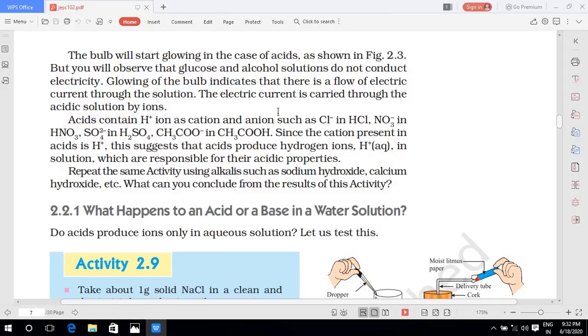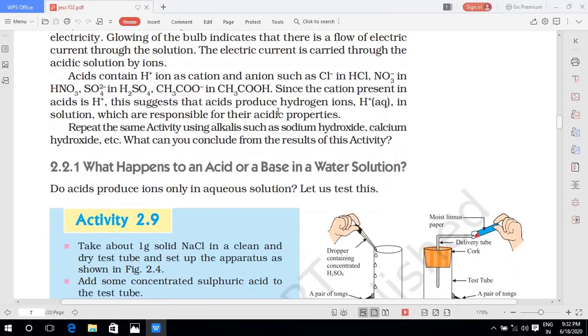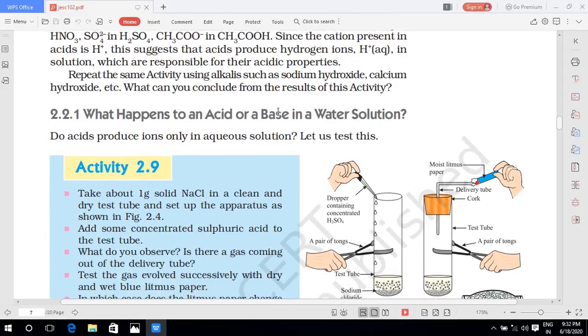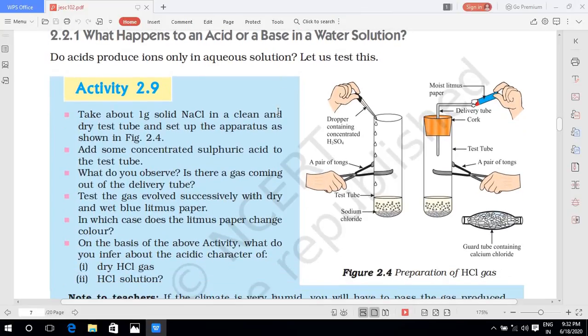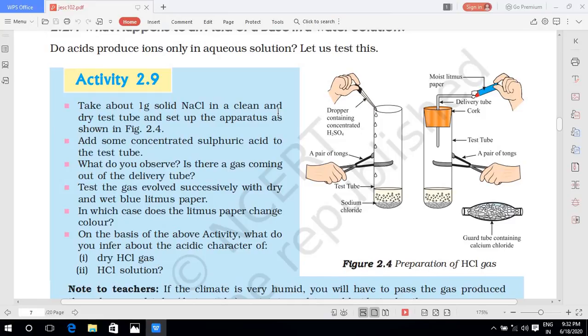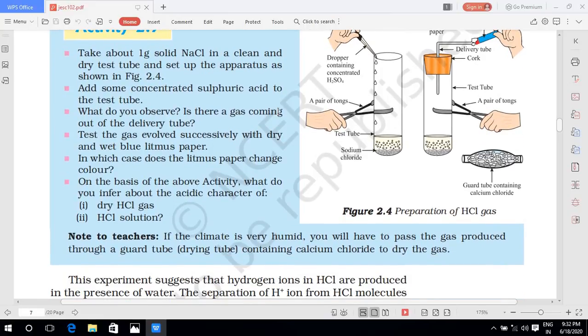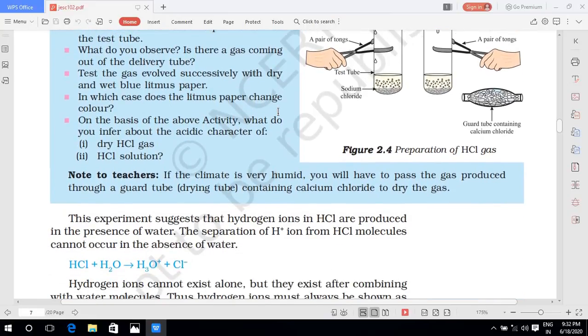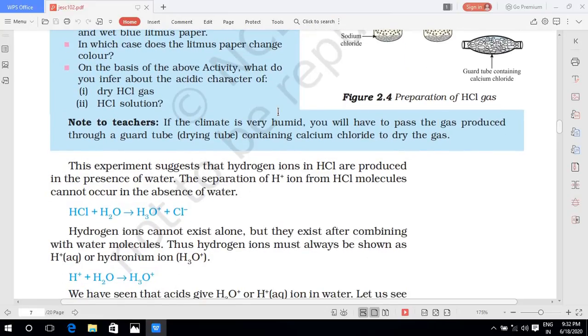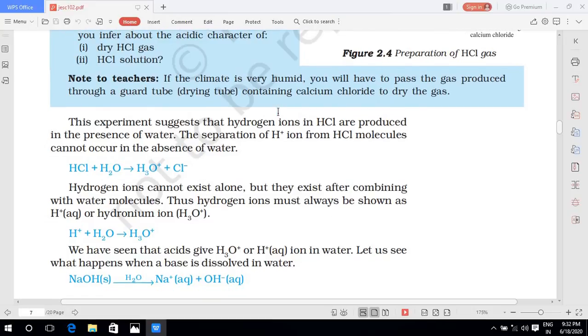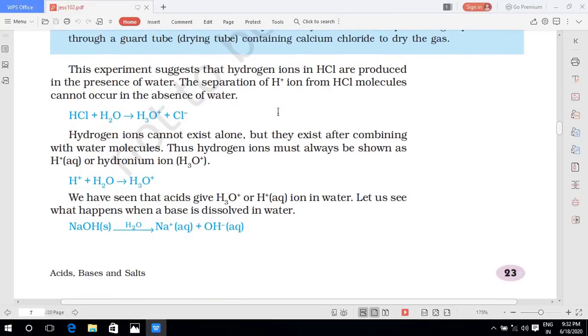What happens to an acid or a base in a water solution? In a water solution, acids result in dilution, and the bases also result in dilution, because water lies in between acids and bases.